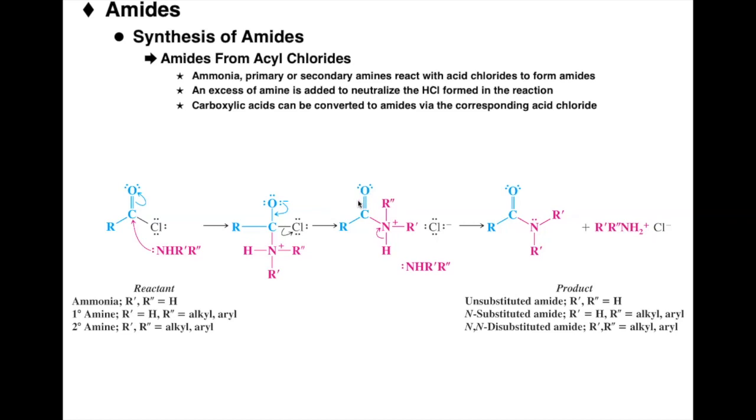Okay. Next, this nitrogen becomes positively charged in the process. Therefore, it is acidic. So we remove this proton. It will react with another molecule of the amine. No? Kasi ito ay base, and then you have base, forming your amide.